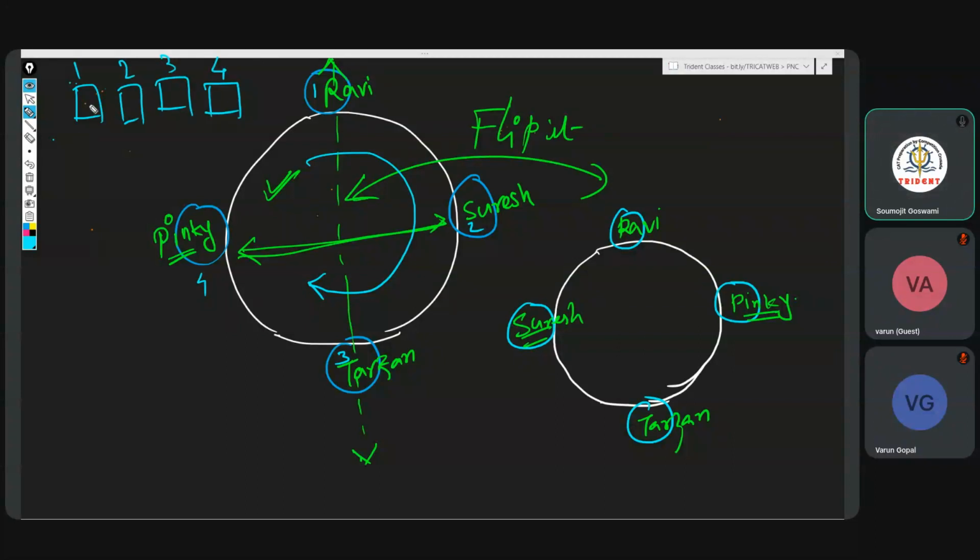In these 4 boxes, Ravi, Suresh, Tarzan and Pinky is one orientation. Another orientation is when you shift everybody to the right, clockwise. So ideally this becomes Pinky, Ravi, Suresh, Tarzan. This is one of the orientations, and you realize that there will be many orientations.